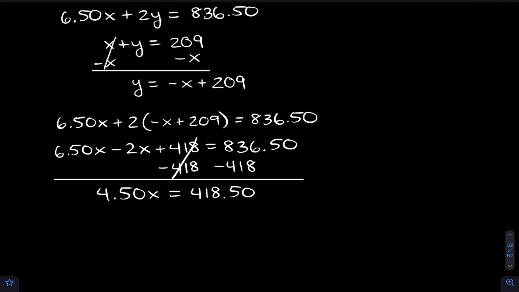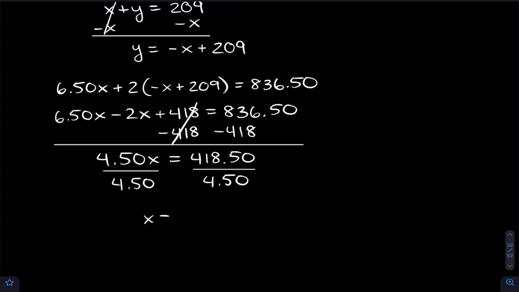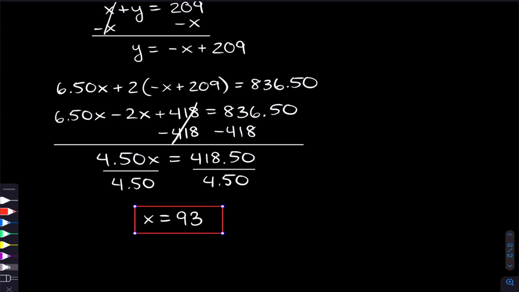This is a calculator problem. At this point, I'm going to divide each side by 4.50, and this I definitely am going to use my calculator for. But I'm kind of cheating because I already know what the answer is here. If we divide these two in our calculator, we're going to get 93. And 93 is what? It's x.